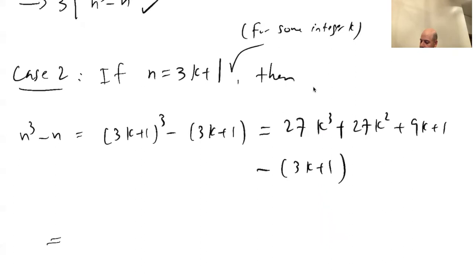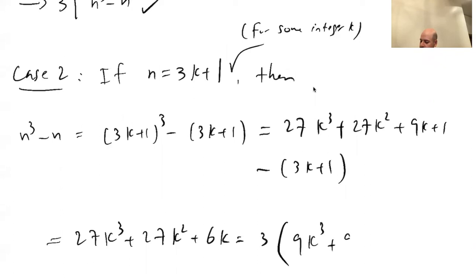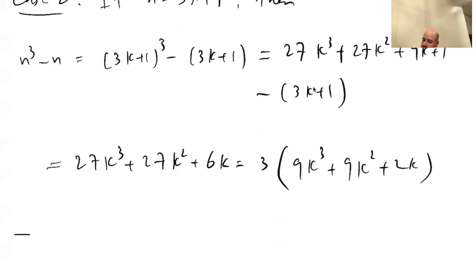And then this is the same as 27k cubed plus 27k squared plus 6k. And then I can write this as 3 times a number. So 3 times (9k cubed plus 9k squared plus 2k). And therefore, it's a multiple of 3.